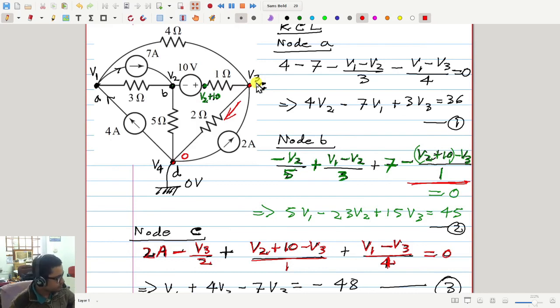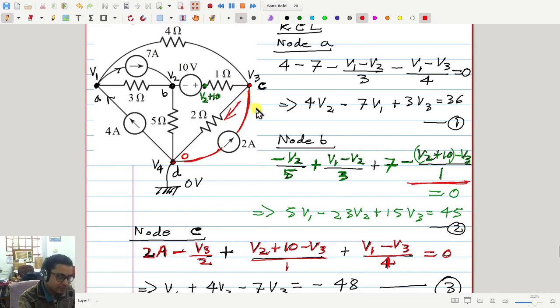Sir, if you have assumed zero potential at point D, then why cannot the potential at points A and C also be zero, because there is a straight wire connecting these points? You are talking about the wire through the current source?